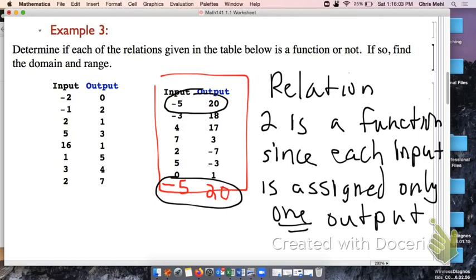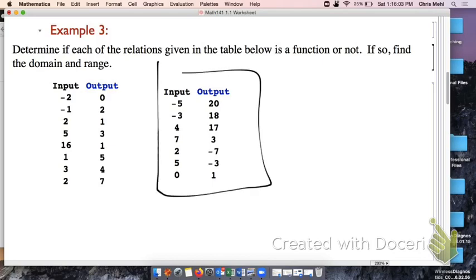Now, since the second relation is a function, I can go ahead and find the domain and the range, which I'll just represent by D and R. And we're going to see more of this later. Domains can be represented in a lot of different ways. They can be represented in set notation. They can be represented in interval notation.